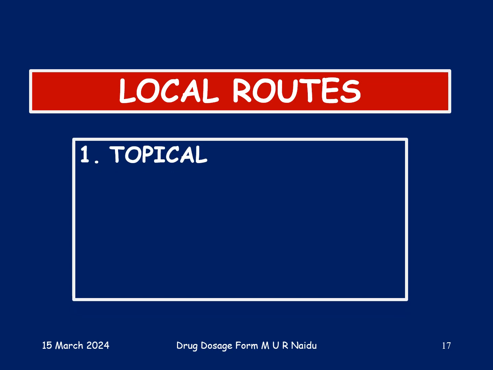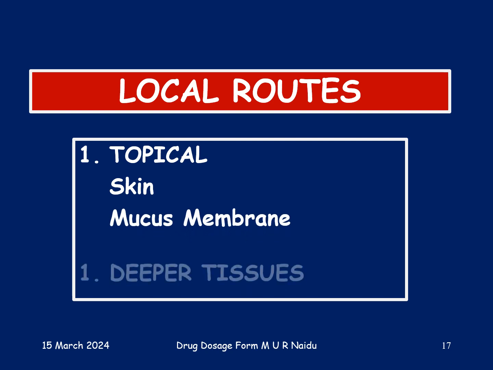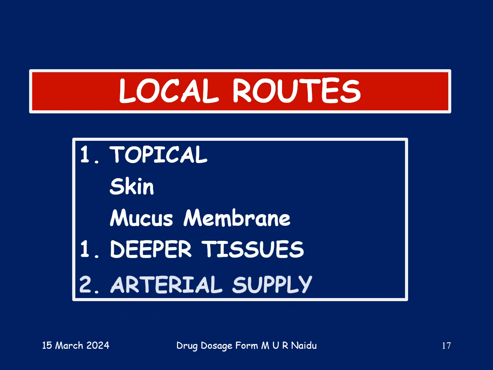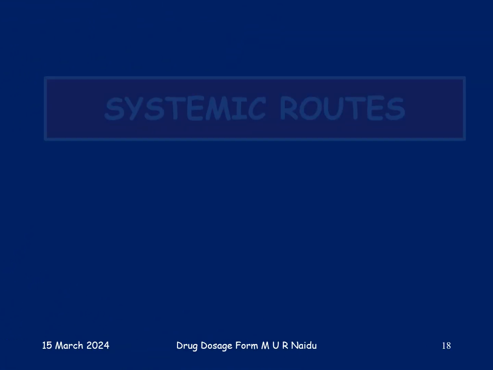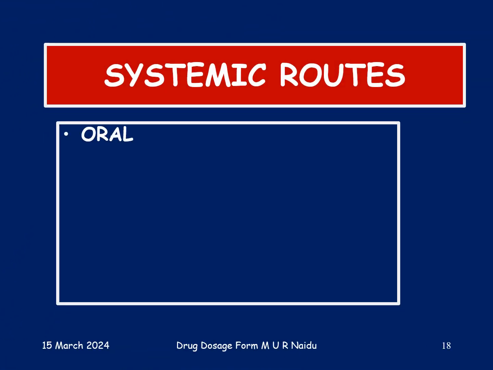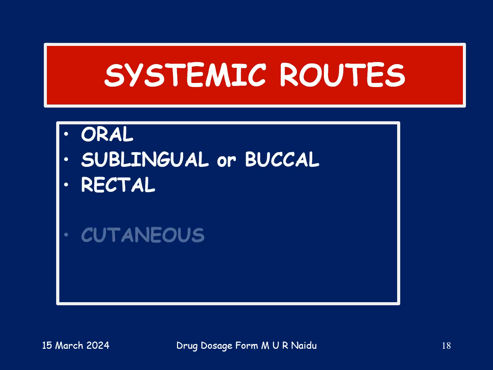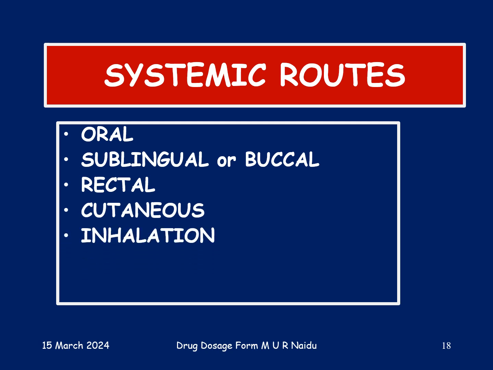Local route includes topical application on the skin or mucous membrane, deeper tissues. Arterial supply is important; if there is good arterial supply, the drug will be well absorbed from the mucous membrane. Systemic administration: oral, sublingual or buccal, rectal, cutaneous, inhalation, nasal, and parenteral administration.